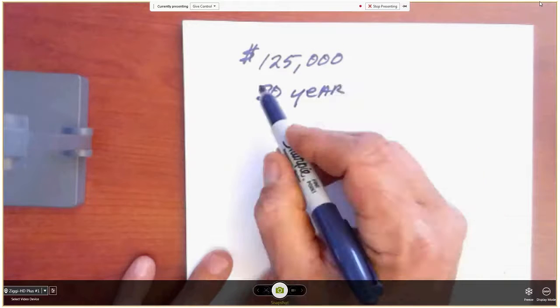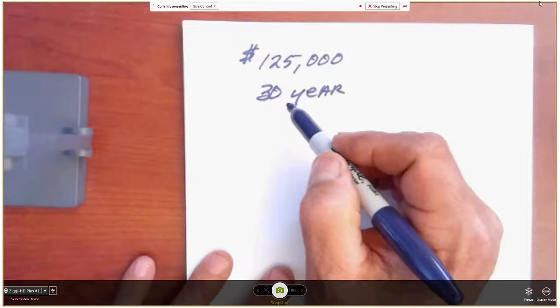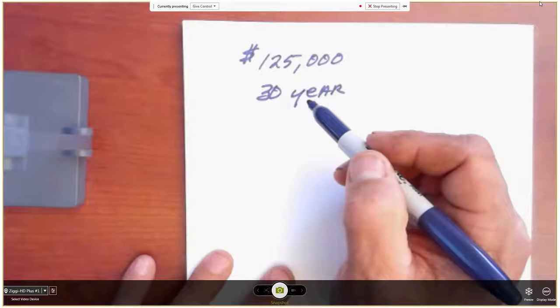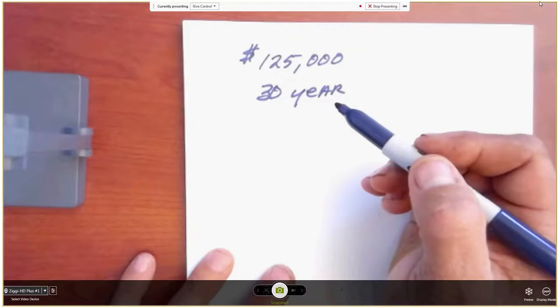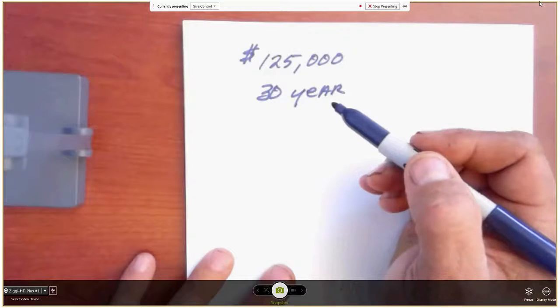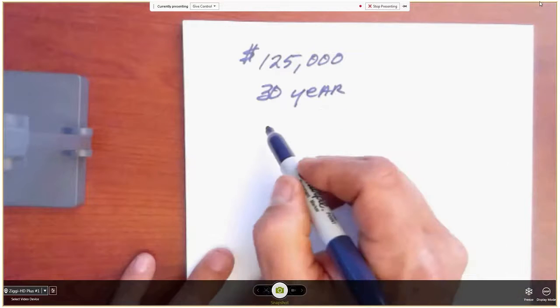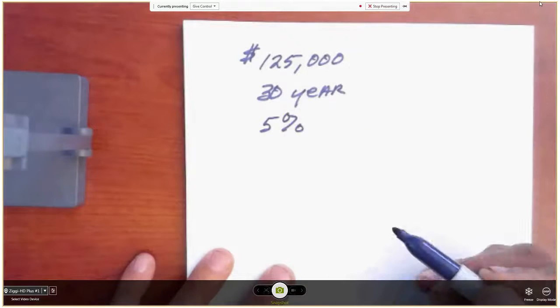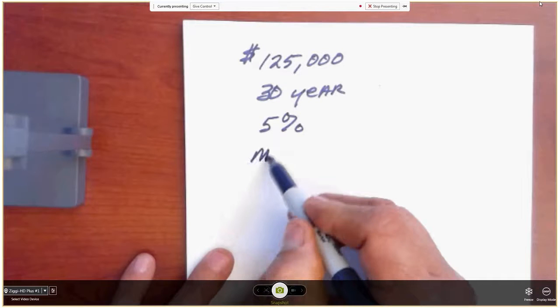I just refinanced my house when my divorce was final, at 4% even. The interest rates are going up right now. Does anybody know what they are right now? We'll just say 5%, 30 years, and you will make monthly payments.